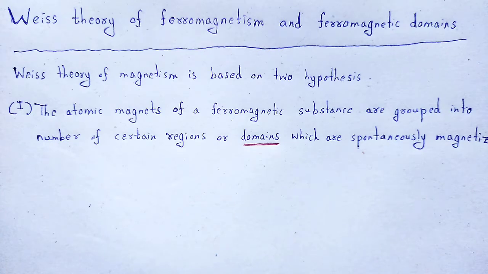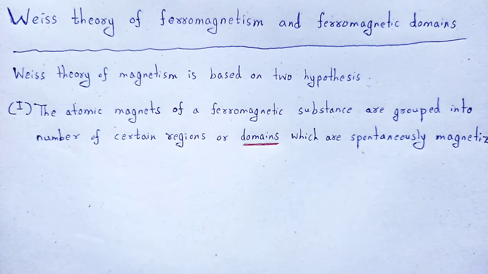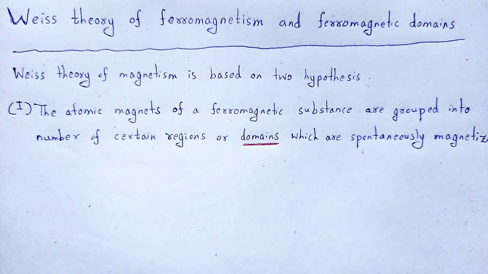But what is the basic difference between para and ferromagnetic substances? Let me differentiate. In ferromagnetic substances, the magnetic moments of individual atoms are coupled very strongly to neighboring magnetic moments due to exchange interactions.